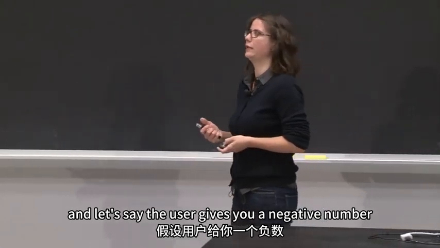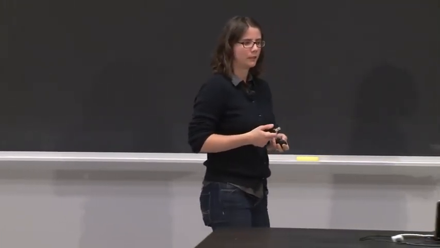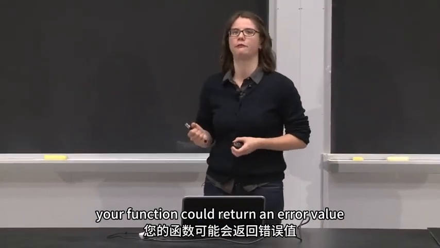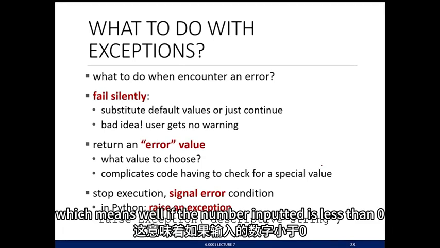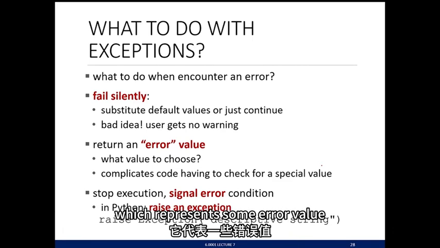And let's say the user gives you a negative number. Well, if the user gives you a negative number, your function could return an error value, which means, well, if the number inputted is less than 0, then return 0, or -1, or -100. Just pick any value to return, which represents some error value.